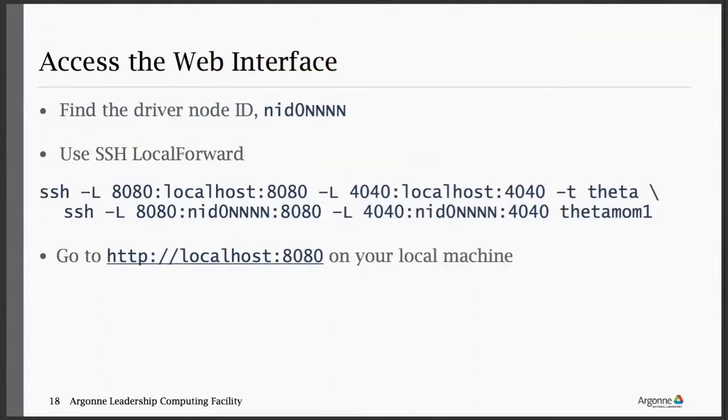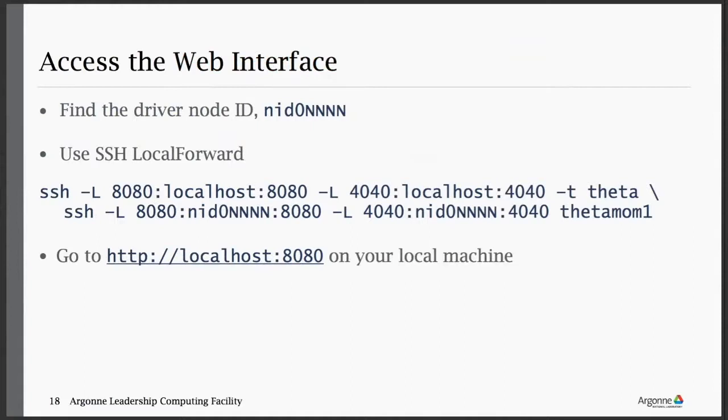So if you want to access the web interface, first you need to find the driver node, which is in the Spark master environment variables. The one simple thing is just to use SSH local forward, because all the compute nodes are not exposed to the public network.